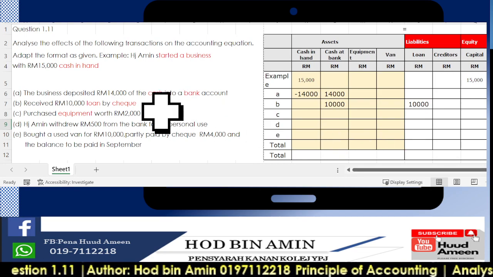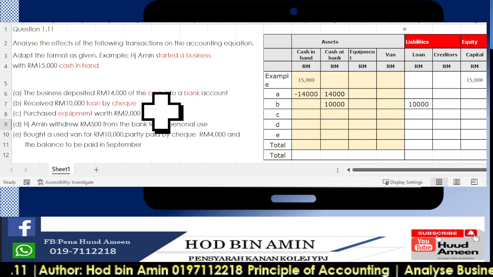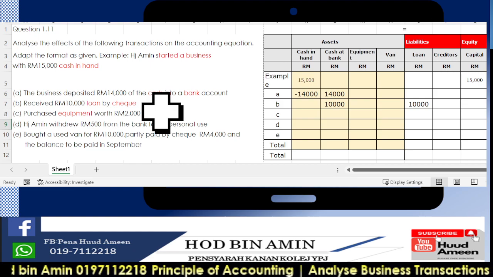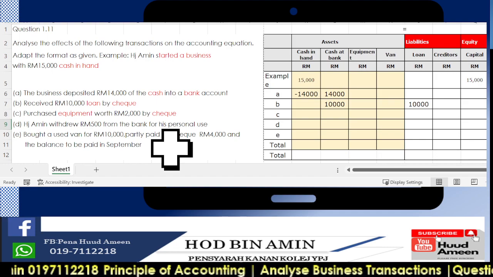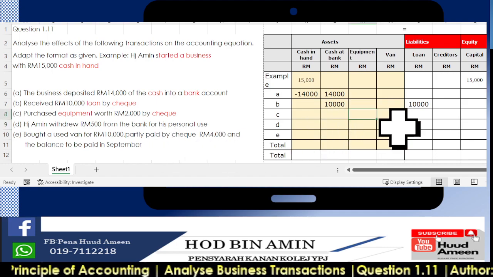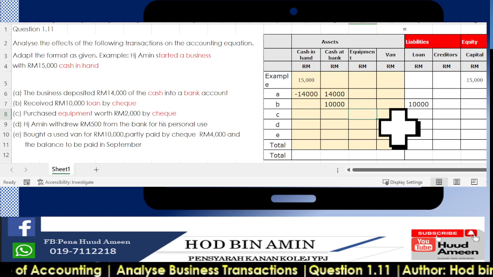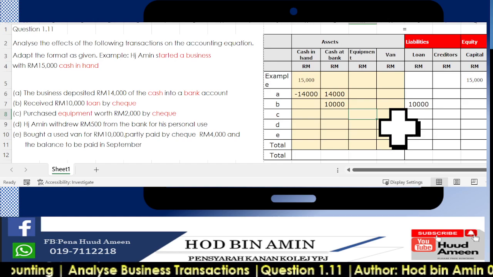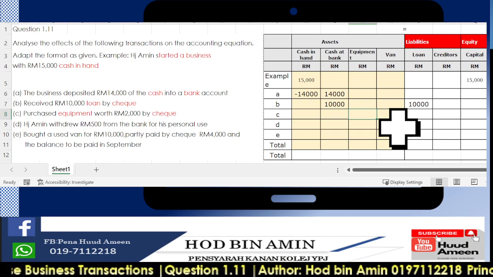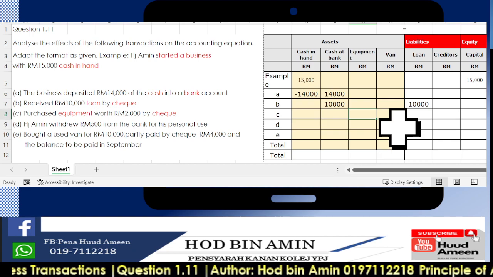From the question, this is common sense that when we purchase equipment, this account is involved in equipment and check, not purchase. Purchase is to purchase raw material.